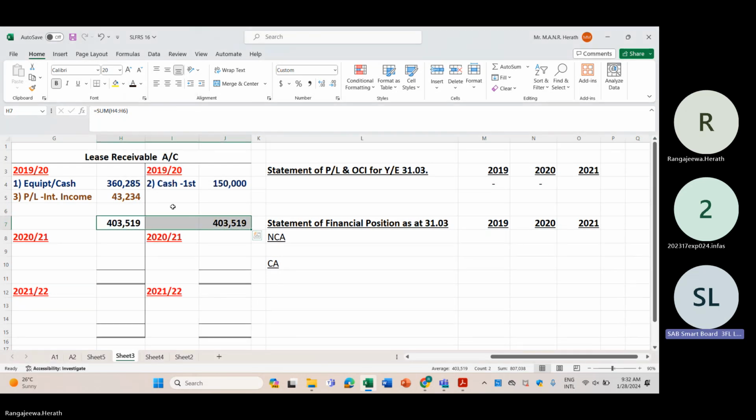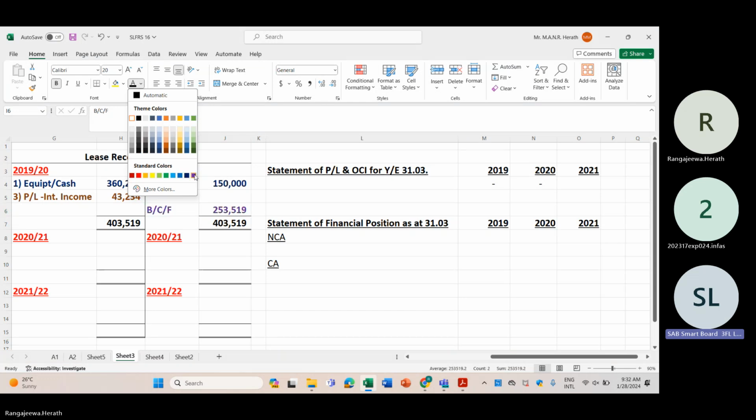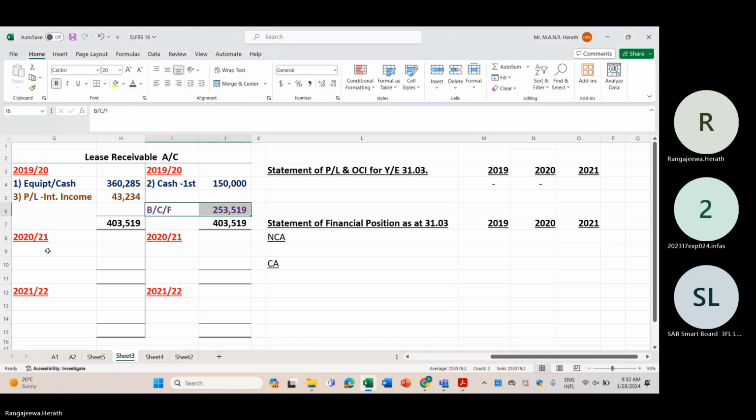Right, it is a balance sheet account. It can have the carried forward balance, which becomes the brought forward balance to the next year. We can quickly calculate this.